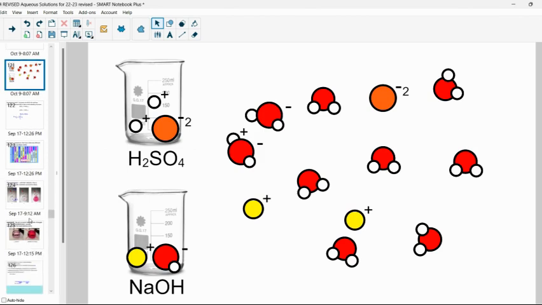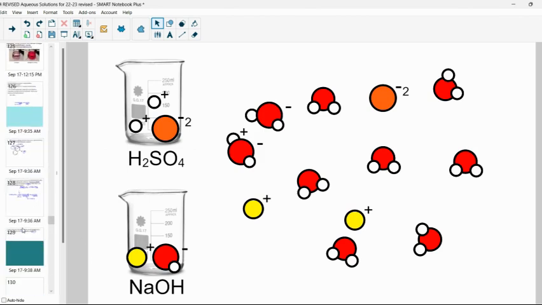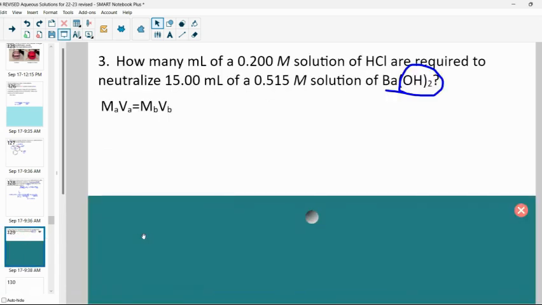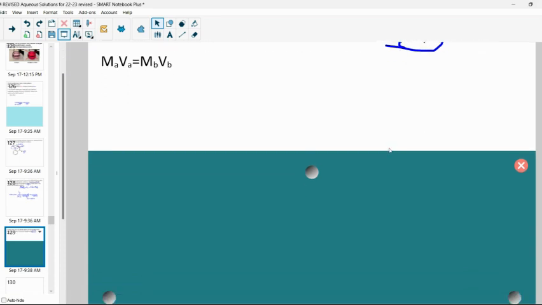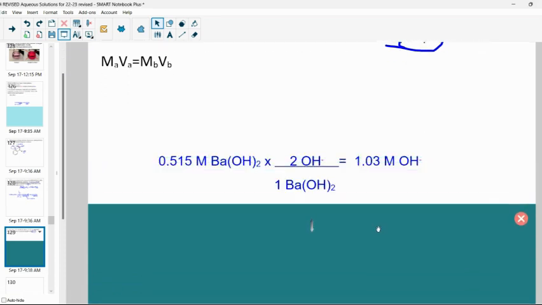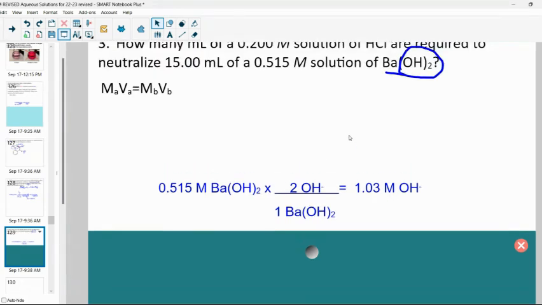And that's what we have to think about in this last problem here. In BaOH2, there's 2 OHs. So the easiest way to factor this in is to say, if I have 0.15 molar BaOH2, every time one BaOH2 dissolves, I get 2 OHs. So the concentration of OHs is 0.3.